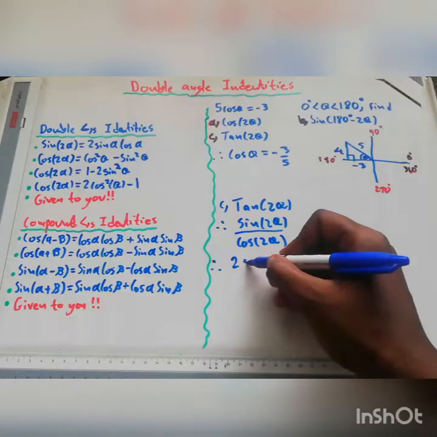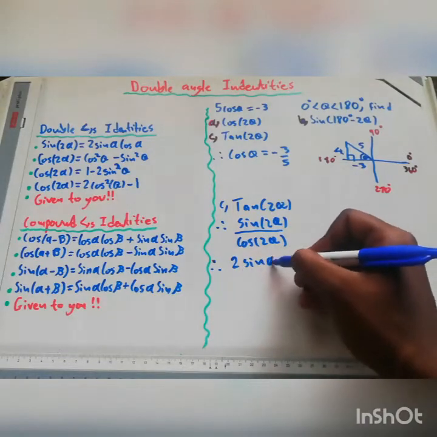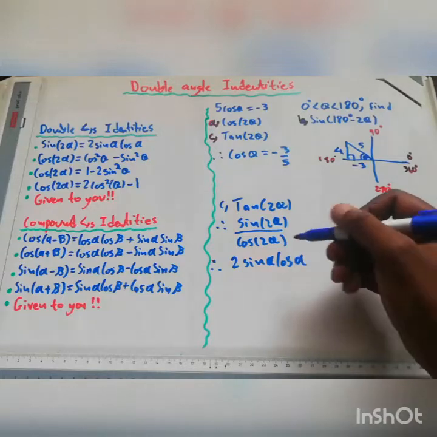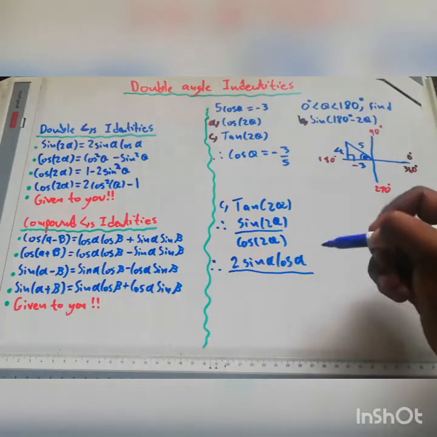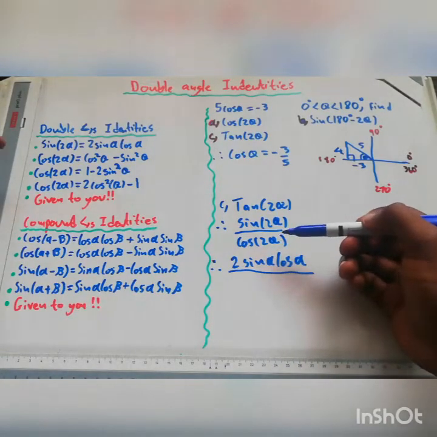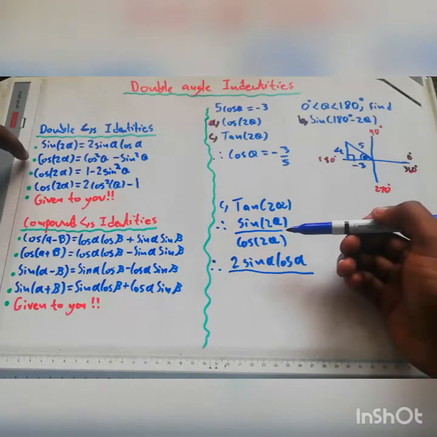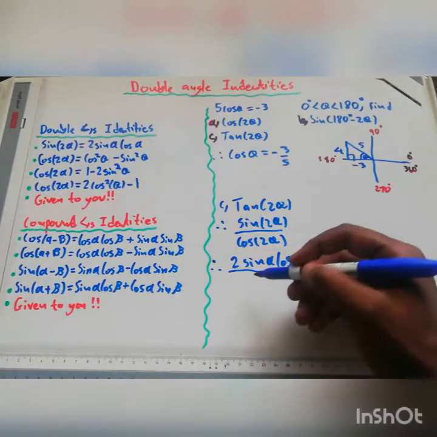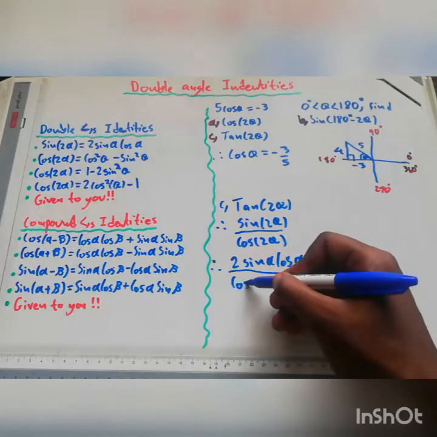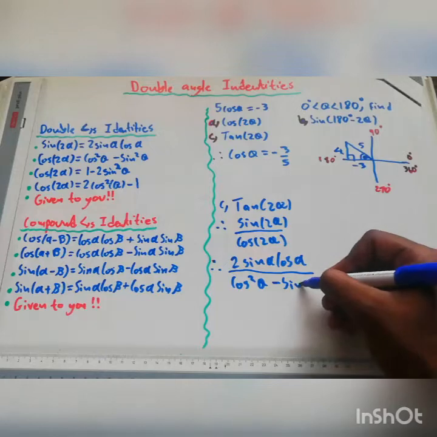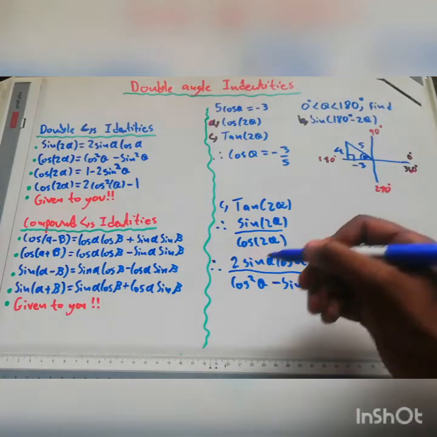You'll get 2 sine theta cos theta all over. For cos 2 theta, as you can see, you have 3 options, so you have to choose one. I'll choose this one, so I'll write cos squared theta minus sine squared theta.